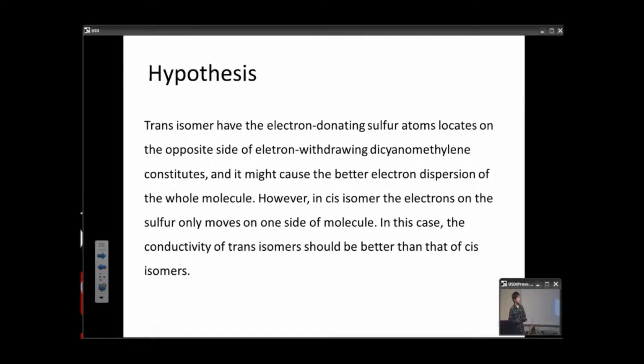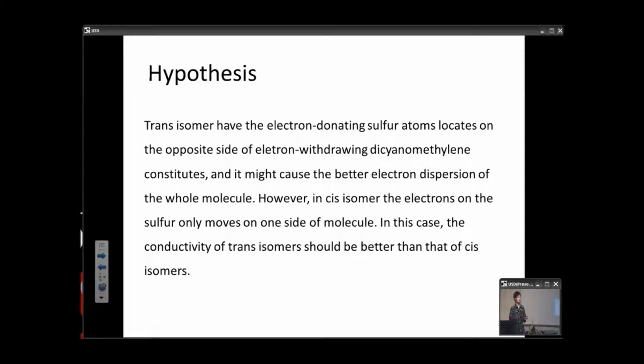First, we have to think about what this different structure is and how it can affect the dispersion. Basically, these two compounds have the sulfur and the electron withdrawing group dicyanomethylene either on the same side or on different sides.